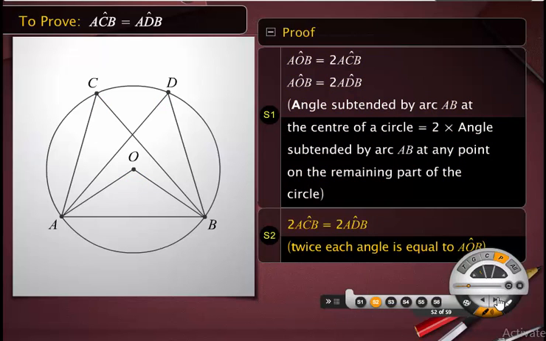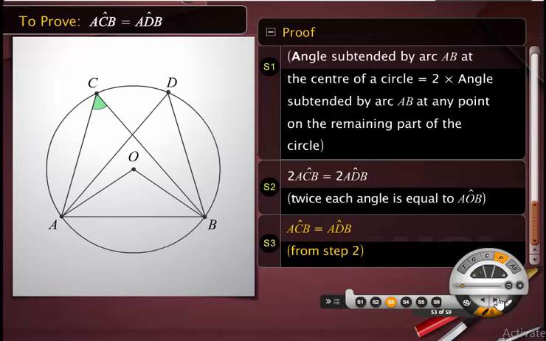From step 1, we get twice the angle ACB is equal to twice the angle ADB. This implies that angle ACB is equal to the angle ADB. Hence, we have proved for this case that angles in the same segment of a circle are equal.